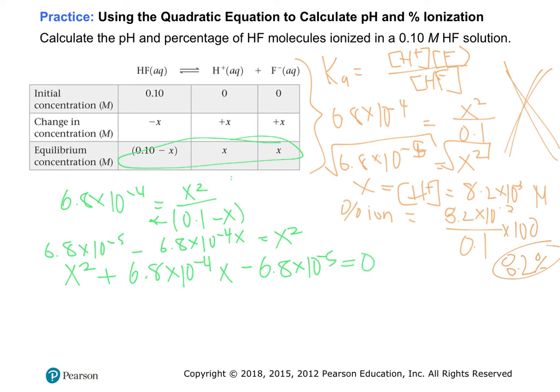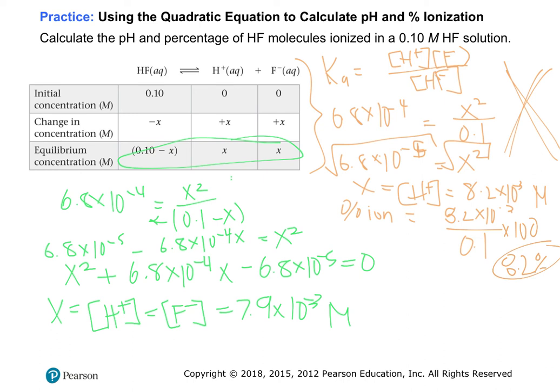Plug that into your calculator, and you're going to get that x, which isn't really that bad, it's just extra steps. X, which is our hydrogen and our fluoride concentration, is 7.9 times 10 to the negative 3rd molar. We can now calculate, just to make sure, that 7.9 times 10 to the negative third divided by 0.1 is still above 5%.